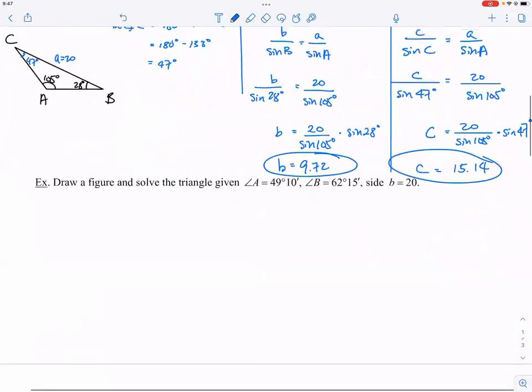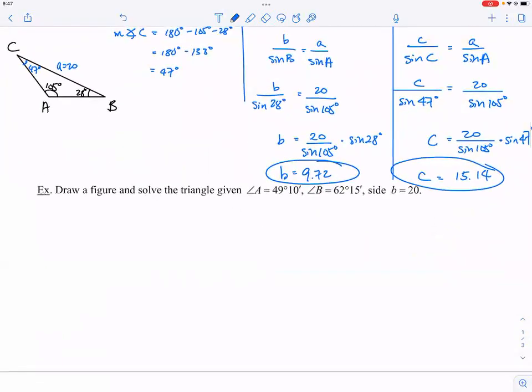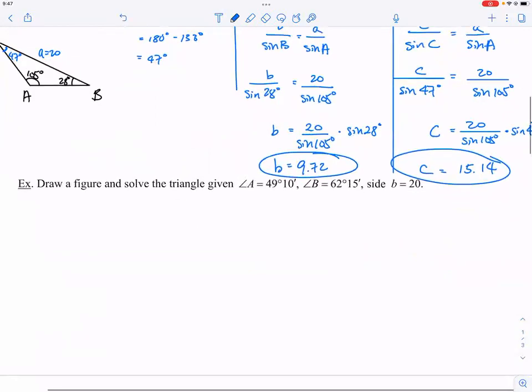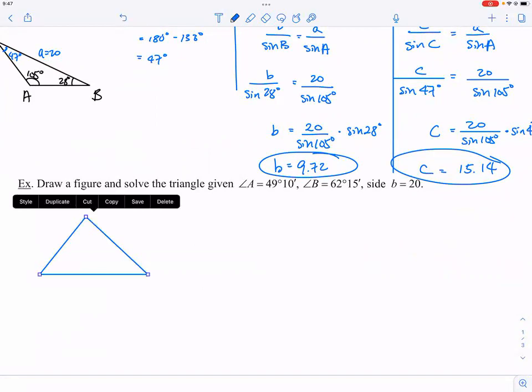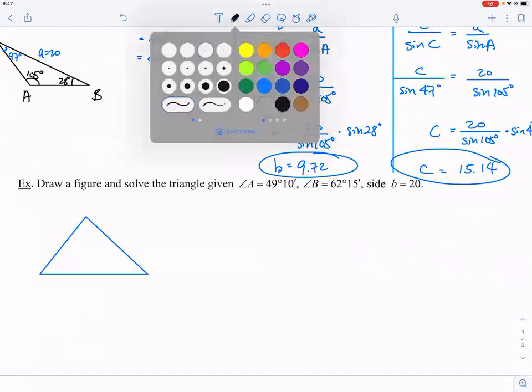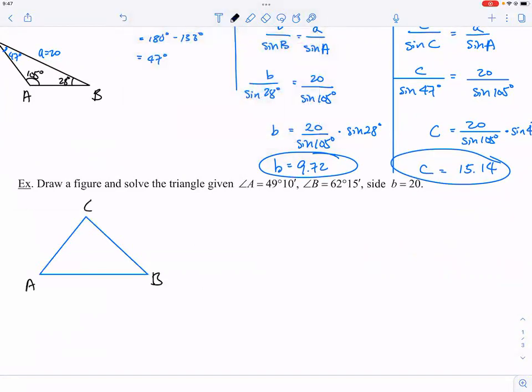All right, the next one. Do you still remember how to type in the degree and minute symbol on the calculator? That's the pi button. So if you draw a little triangle for ABC, angle A is 49 degrees and 10 minutes.